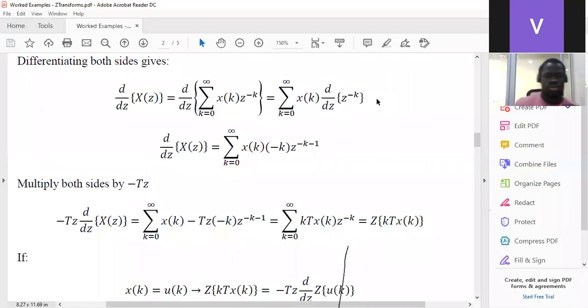Somebody said, please, ma, why are we using x of k?